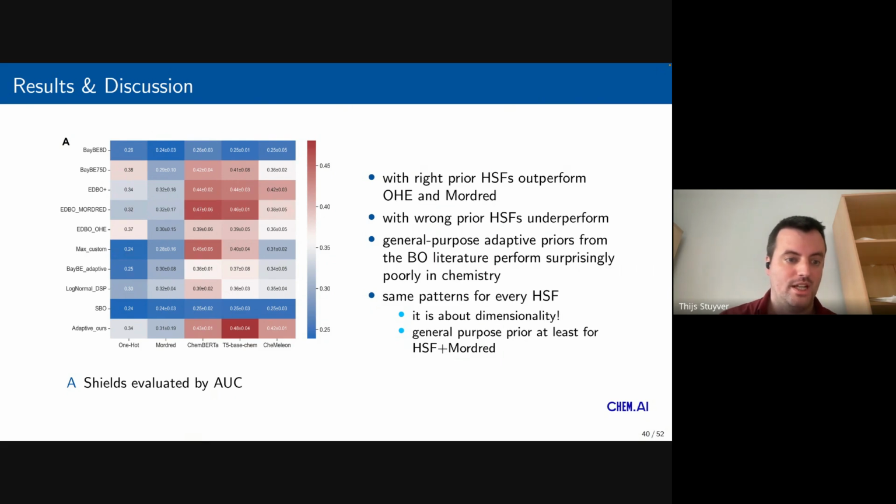We have some priors that perform reasonably well, such as ADBO Mordred, but on average, our proposed hyperprior, the one at the bottom, across the different cases, strikes the best balance. It's not always strictly the best, but it tends to give you good results across the board.